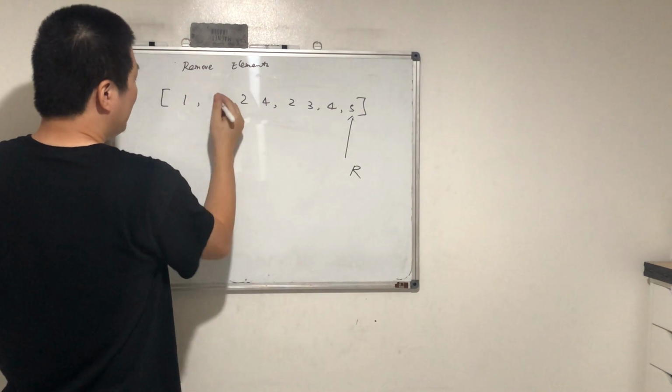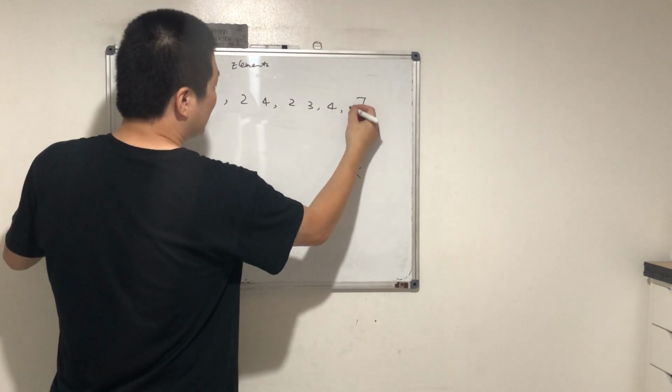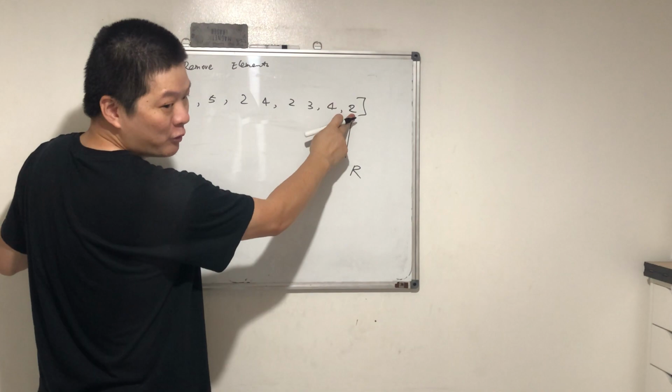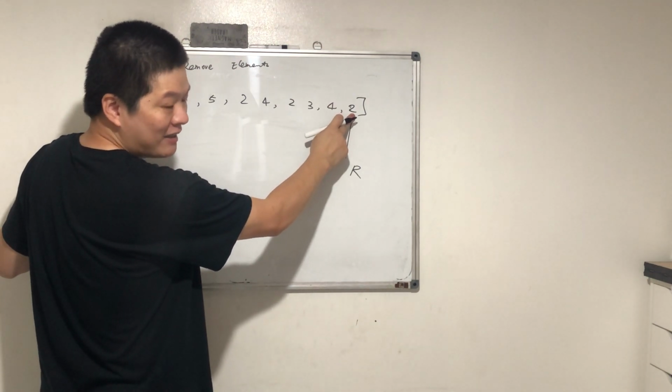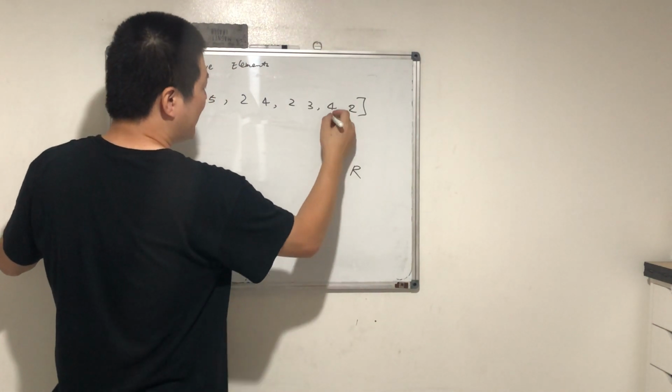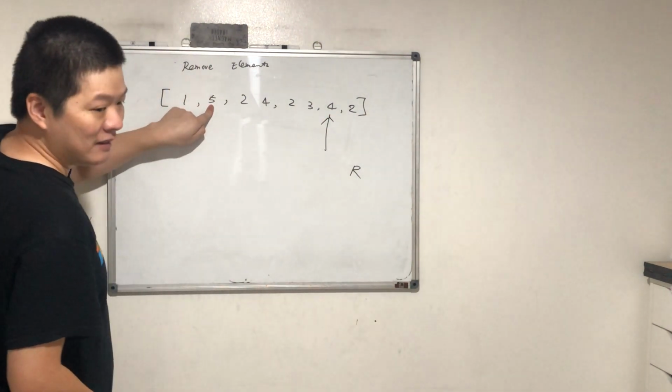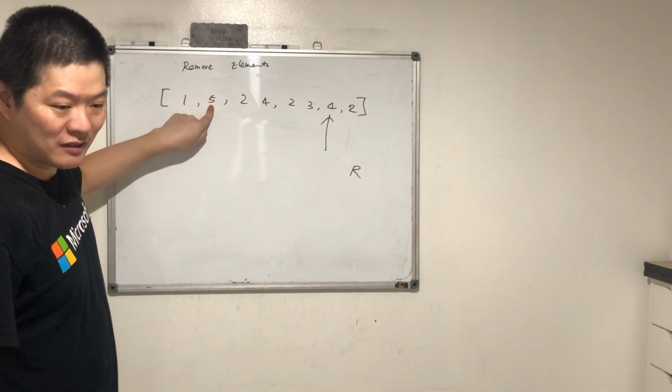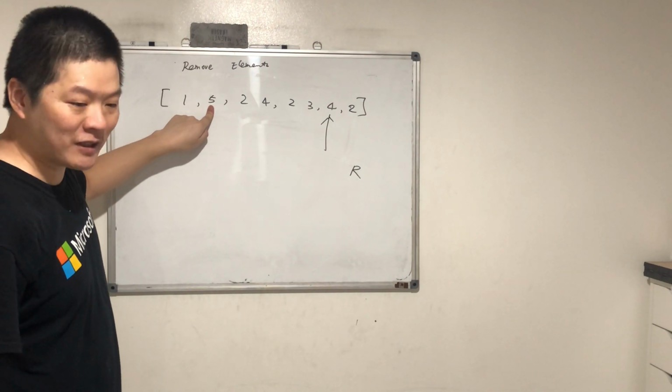I swap it here, 5 and 2. This is the number we want to discard, so we decrement the counter here. And the 5 we want to keep.